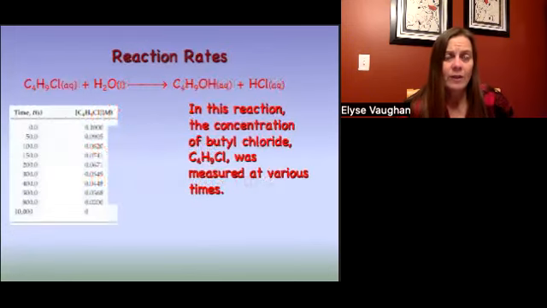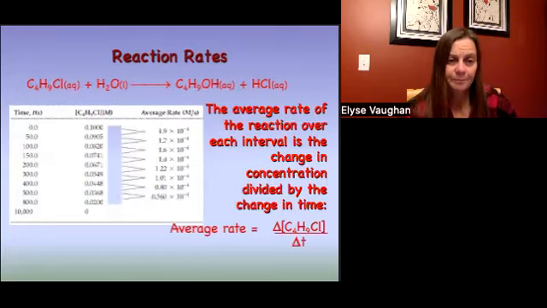So we have this reaction, and butyl chloride is one of our reactants. It's reacting with water to form butanol and hydrochloric acid. We're measuring the concentration of the butyl chloride at various times.